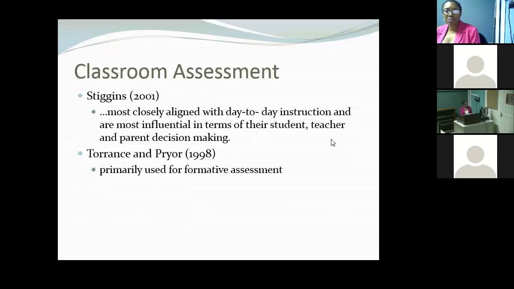These are the ones that as classroom teachers we are most likely to use and are required to master. These are the ones that are more closely aligned to our day-to-day instruction. These are the ones that are most influential in terms of the decisions that teachers, students and parents have to make. These are the activities that you must master.